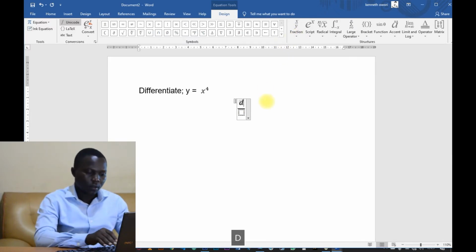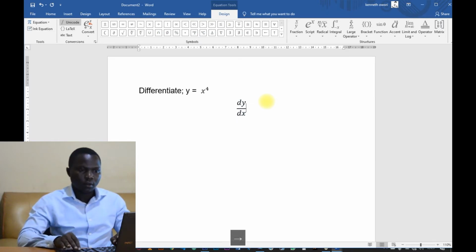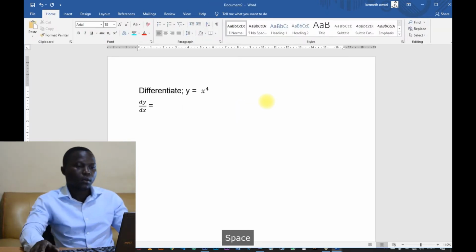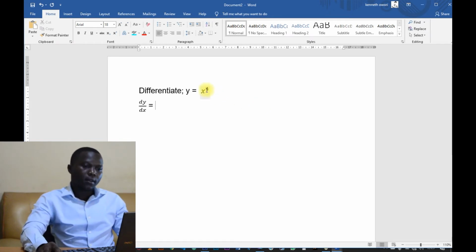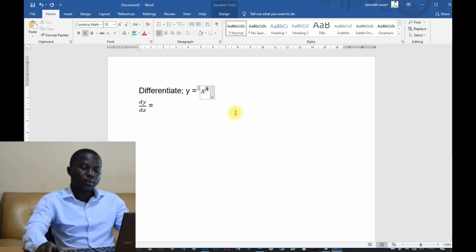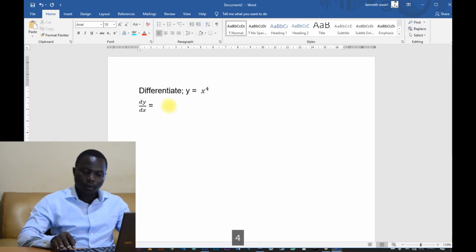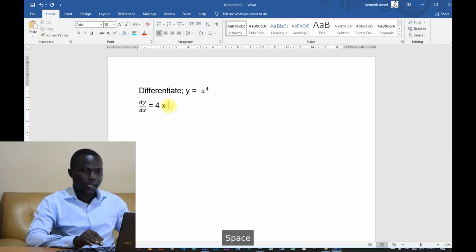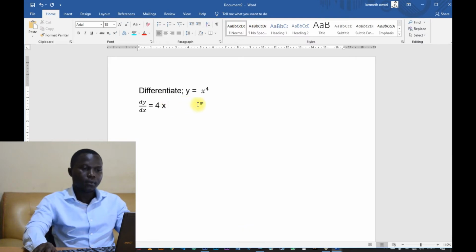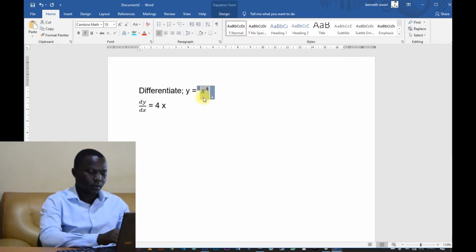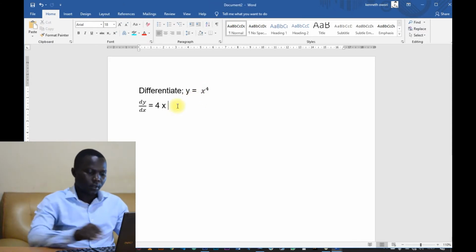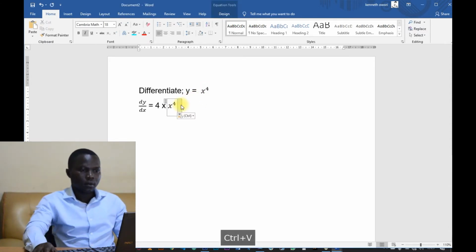So our derivative is dy dx. As we said, if 4 is our power, we multiply the expression by the power, so we have 4 times x, and then we reduce the power by 1.